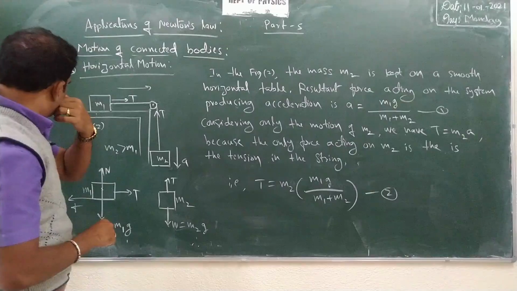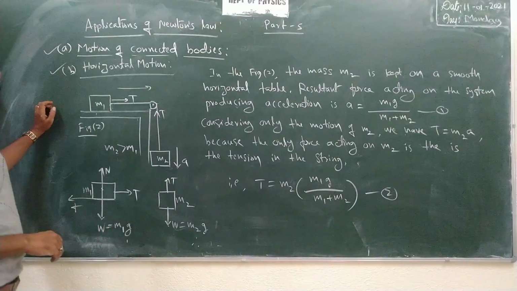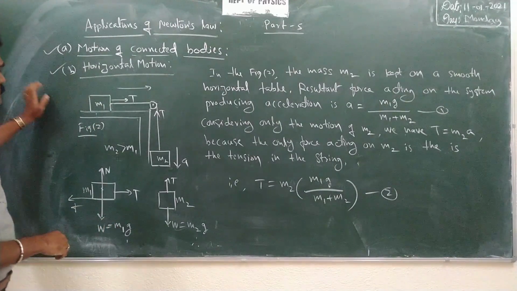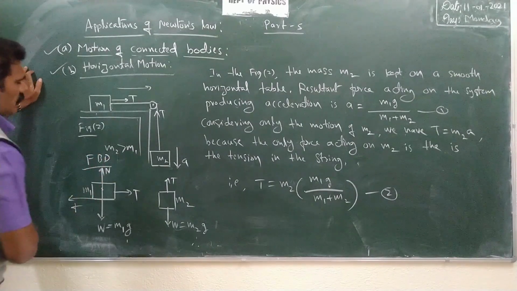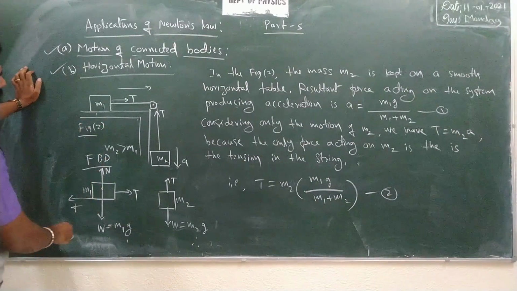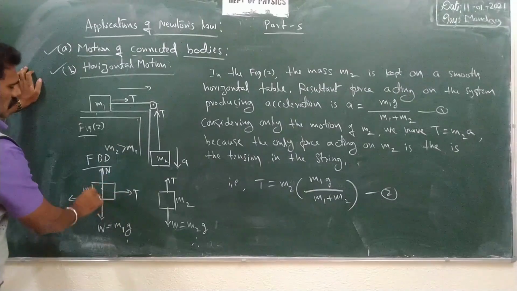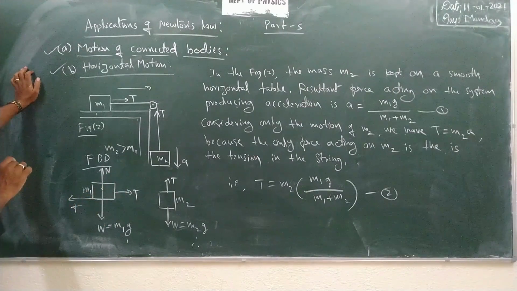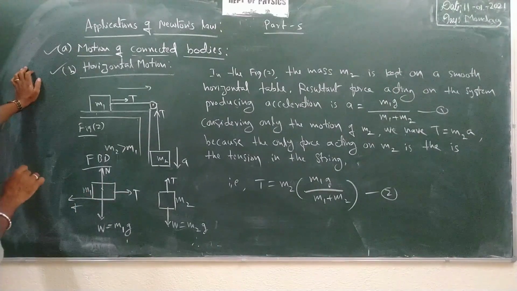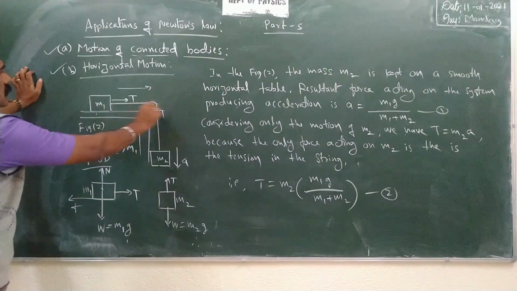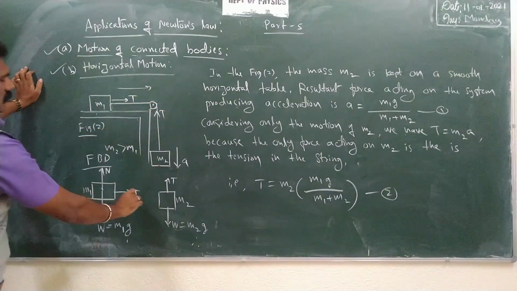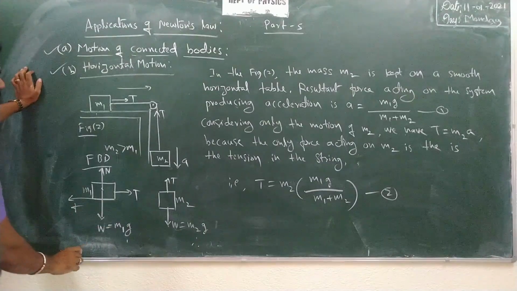Now how to draw the free body diagram? Just try to understand the FBD, free body diagram, for m1 first. Mass m1 is considered here. What are the forces acting on m1? That is what you have to show in the free body diagram. First of all, it is moving in the direction of the tension, so T is one of the pulling forces here.